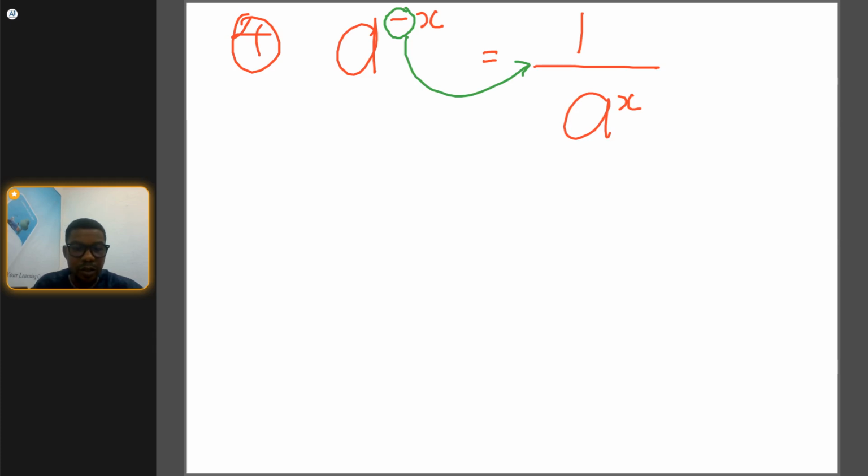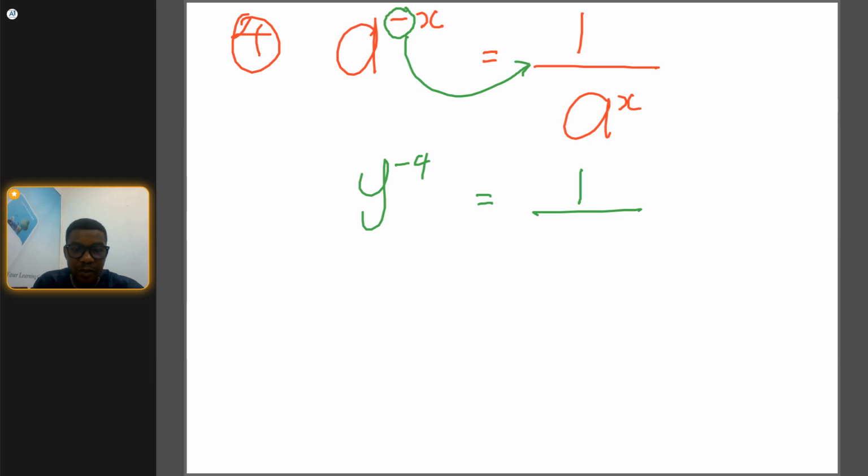All right? So if I have something of this nature, y raised to power minus 4, if I want to write this, it's going to be 1 over. The minus sign has changed to division. Now take note, this x here can be any number. It can be 2, it can be 7, it can be a fraction, of course. It can be 1 over 2, it can be 0.5, it can be any value.